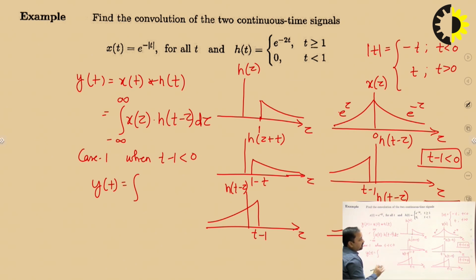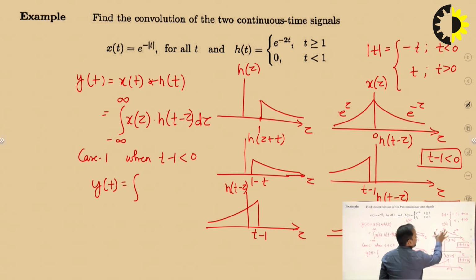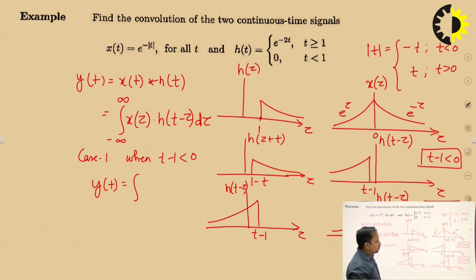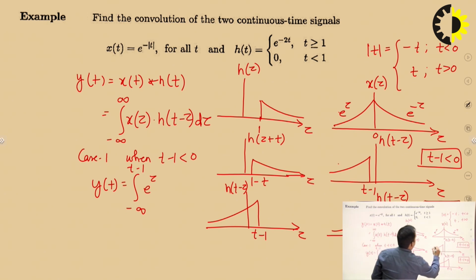If we clearly see what is the common region, what are the common values of tau, it will be from minus infinity to t minus 1, and the signal over here is e raised to power tau, and here it is e raised to power minus 2 times t minus tau.